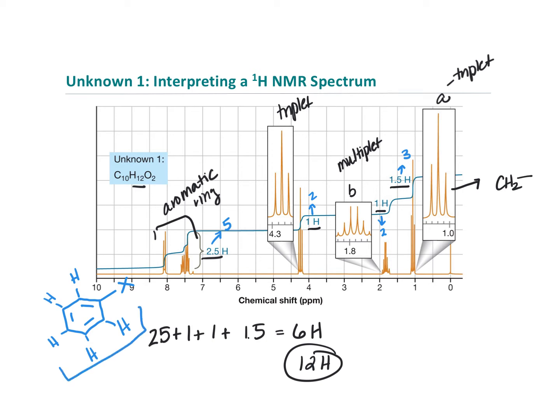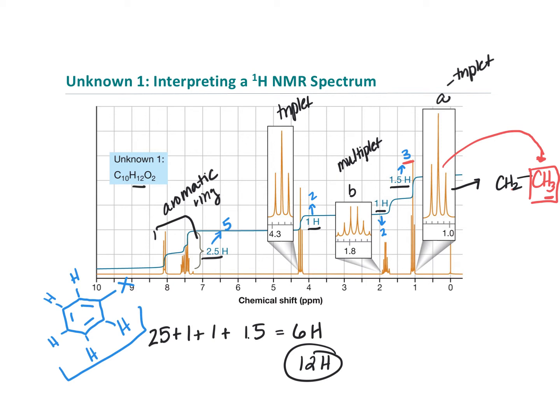So I know that that is one piece of my spectra. The next thing I'm going to look at here is that triplet. If that is 3, there's my 3. That's going to be next to a CH2. So the triplet is this peak shown in red, and it's next to a CH2.